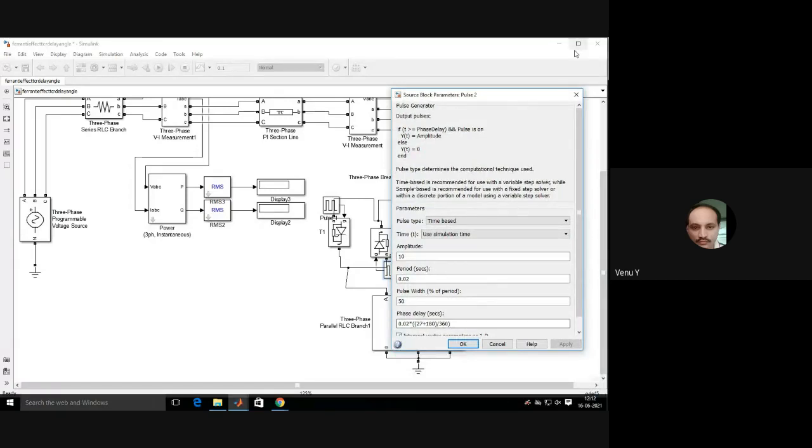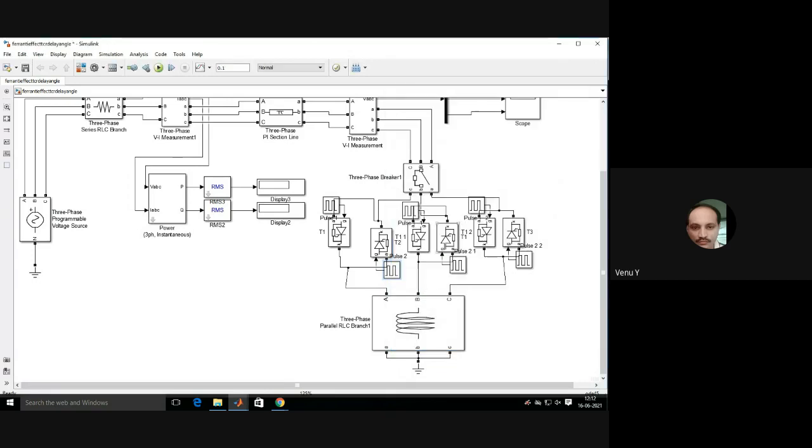27 plus 180. This is the T1 and T2 firing. So the first is fired at 27 degrees, and the second one is fired at 180 plus 27.